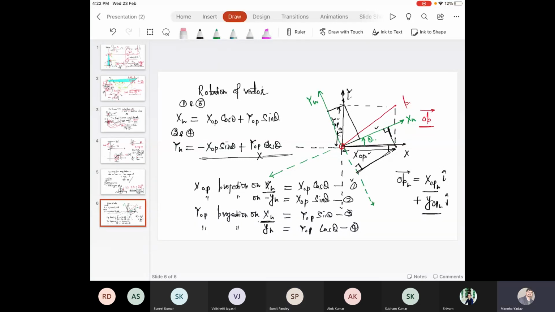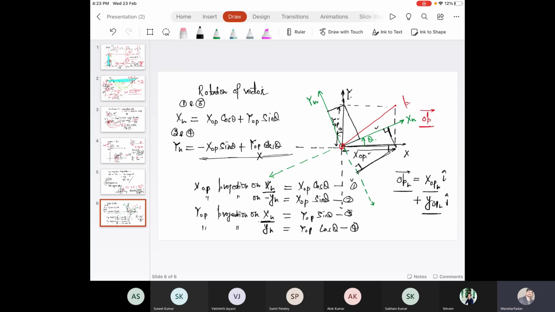Yes sir. See, first of all, the original vector in xy coordinate system is op. Okay. Now the same vector op, when the coordinate system changes, this vector will change. Fine. So in the xn and yn coordinate system, this becomes opn. Okay. Now the projection on the axes will change. You can see over here the projection will change.